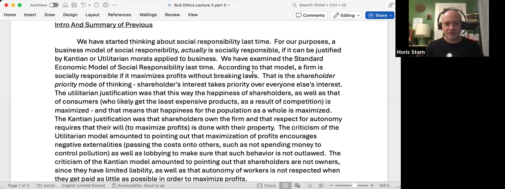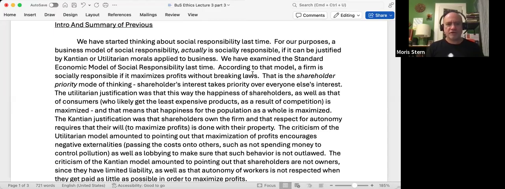The Kantian justification was that shareholders own the firm and that respect for autonomy requires that their will to maximize profits is done with their property. The criticism of the utilitarian model amounted to pointing out that maximization of profits encourages negative externalities, passing the costs on to others, such as not spending money to control pollution, as well as lobbying to make sure that such behavior is not outlawed.